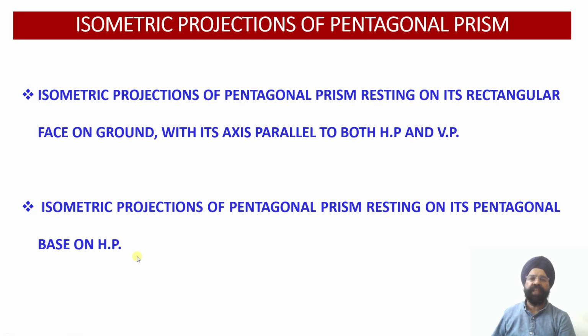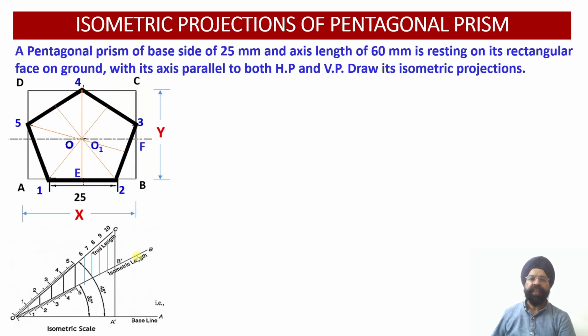So let us start with the first construction. Here we have a pentagonal prism of base side 25 millimeter and axis length equal to 60 millimeter. It is resting on its rectangular face onto the ground with its axis parallel to both HP and VP. So we are required to draw the isometric projections of this solid.